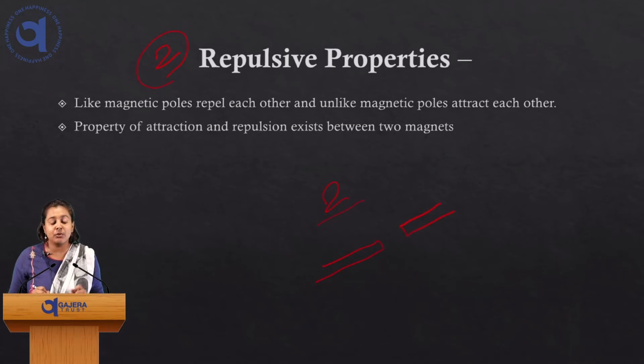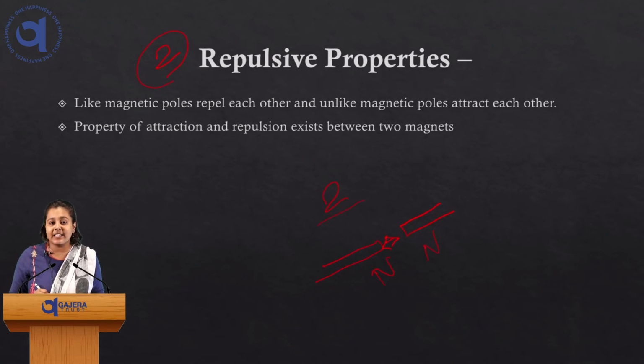If I have two like poles, meaning two similar poles, for example, North Pole and North Pole, and I bring two like poles, north and north, towards each other, then what is going to happen? They are going to push each other away from themselves. They are going to push the other magnet away from them.